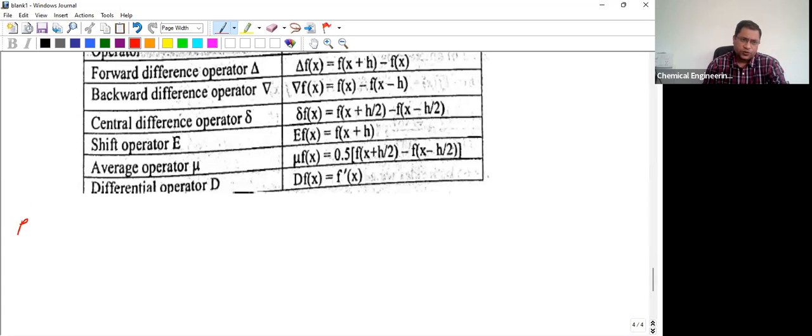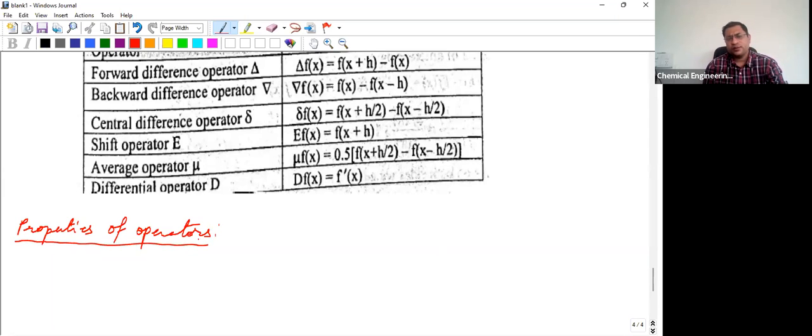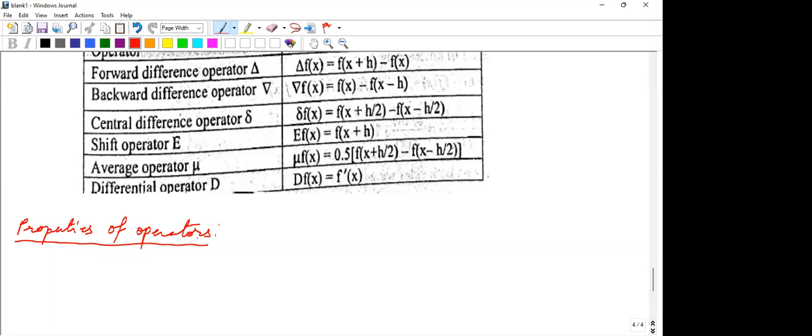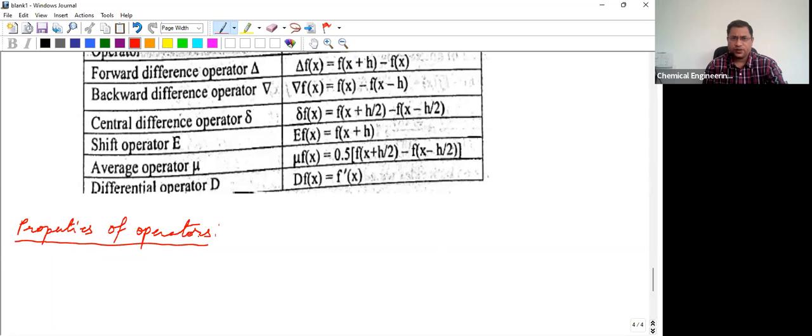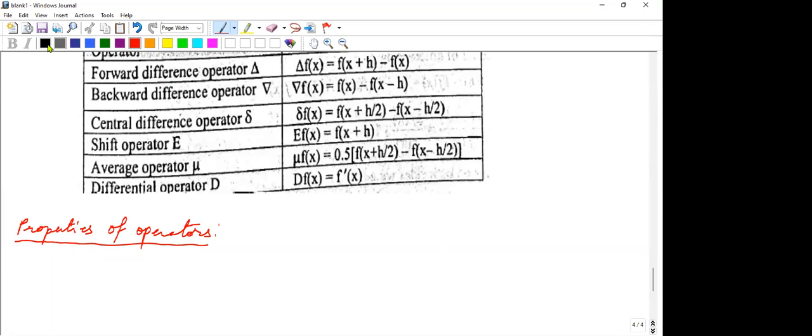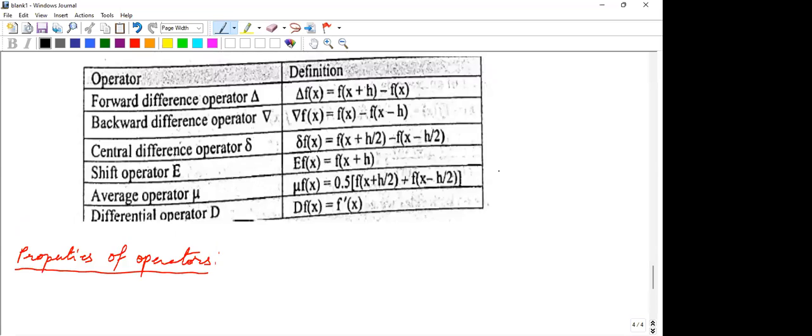So we go for properties of operators. Moreover, we need to understand that all the operators follow very similar properties. Okay. So can you please scroll up a little? Yes, just wait.